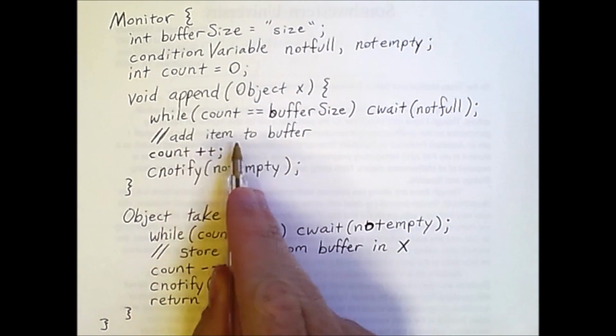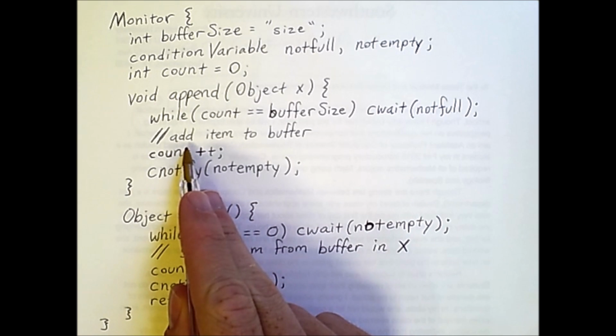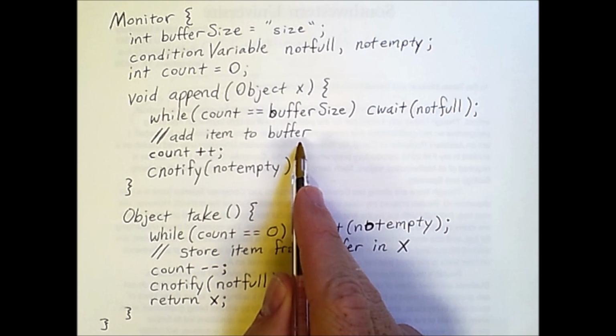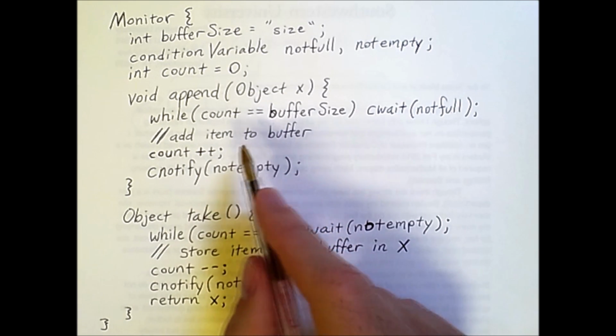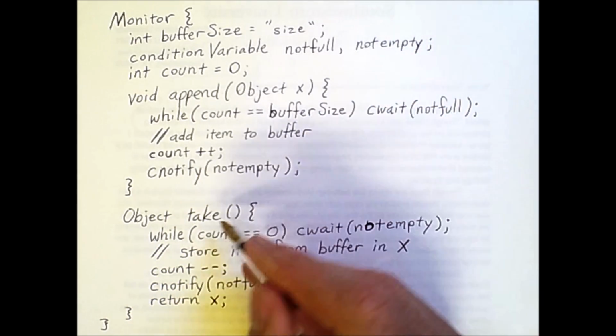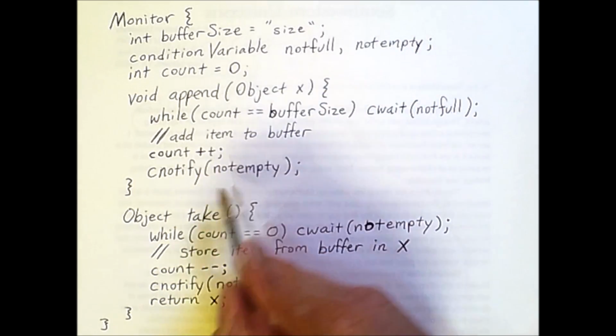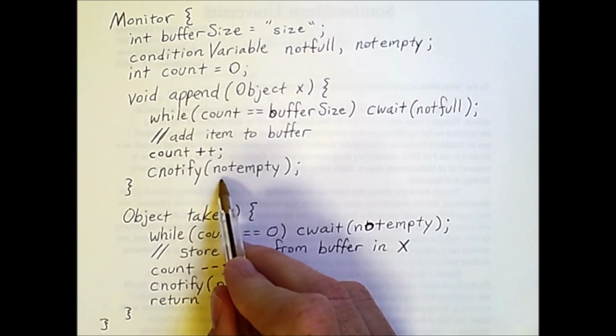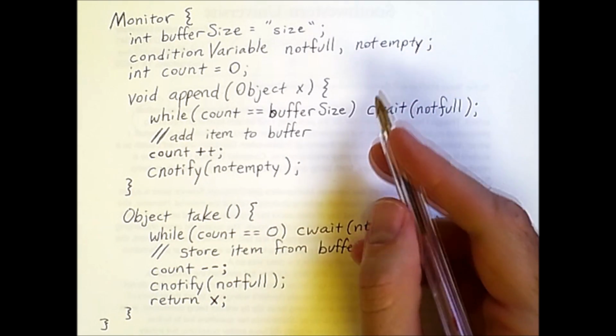I've left out details of the implementation, but some code would be here that adds an item to the end of the buffer. And after adding that item, we also need to increment our count because it's important for tracking the synchronization. And then we use cNotify on this not empty condition variable.